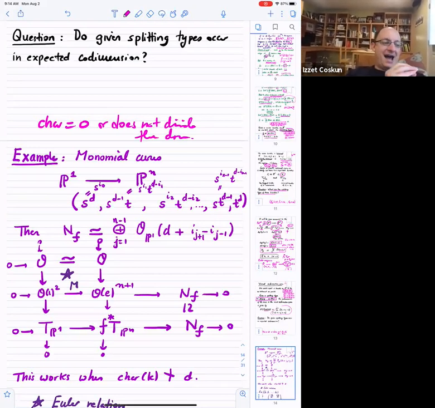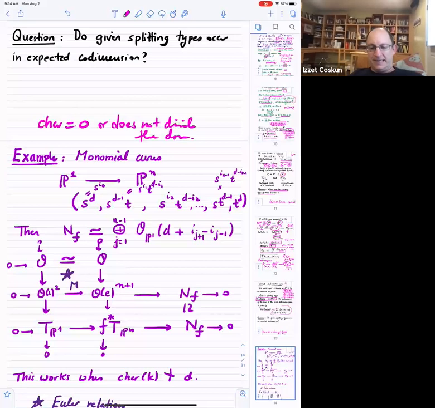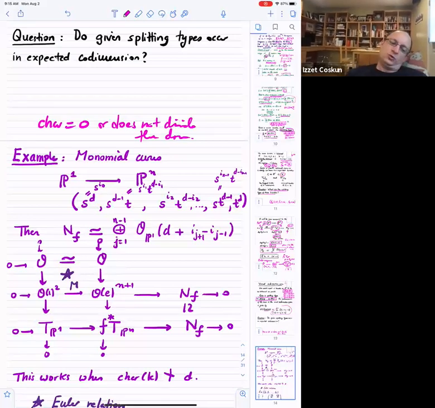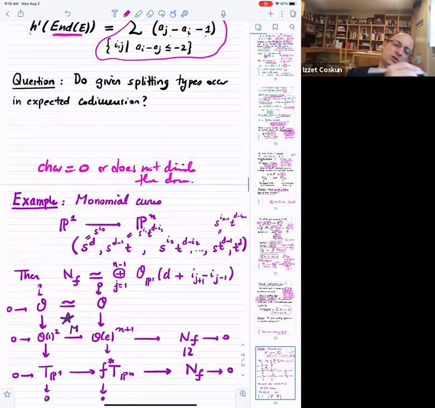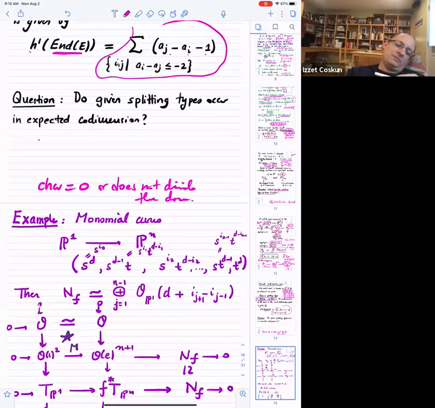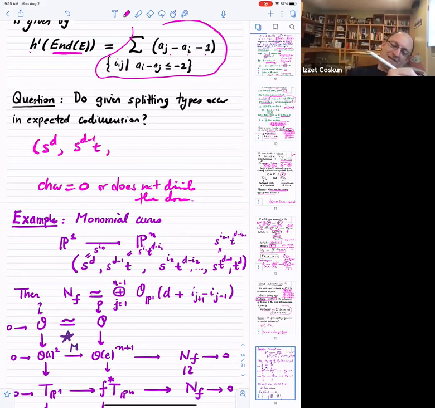So now the task that I have is to actually convince you that this is multilinear algebra and you can do it. It's not something scary. You can really do this. So let's do it. I need to give you what the curve is given by. Let's say that it's given like this. My map is s^(d-1)t, s^(d-i2)t^(i2), and then all the way you end with st^(d-1) and t^d.